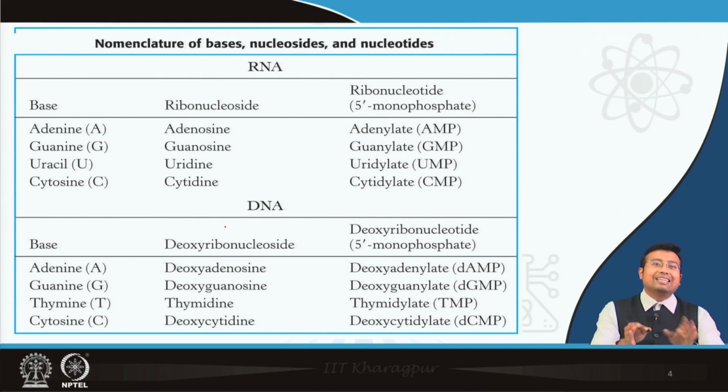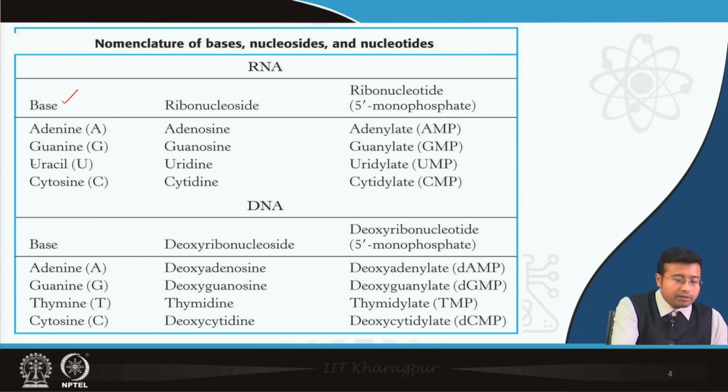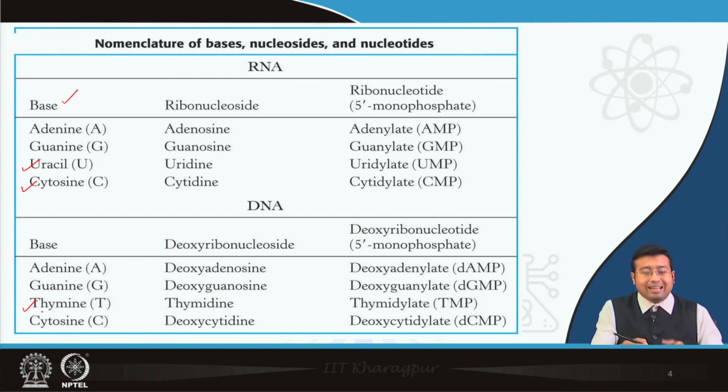Now, this is the same slide that we shared in our purine metabolism classes. We showed how these are the nitrogenous bases. For this class specifically we should focus on these three, uracil, cytosine and thymine, because these are pyrimidines, and these are their respective nucleoside forms. Nucleoside means a nitrogenous base and a ribose sugar, and these are the nucleotides.